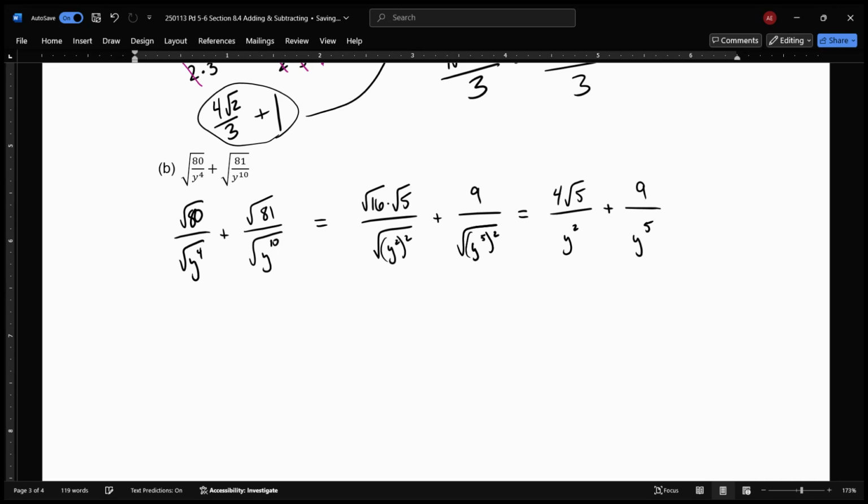Do they want us to get a common denominator? It's kind of annoying, but I would need to multiply by y cubed. So do I have to do this? I don't know.